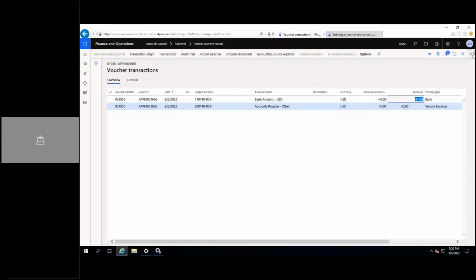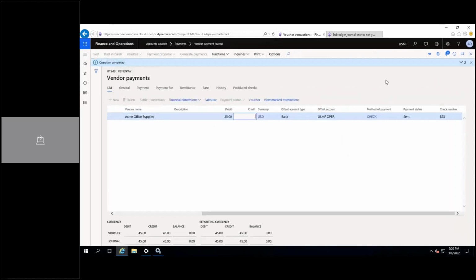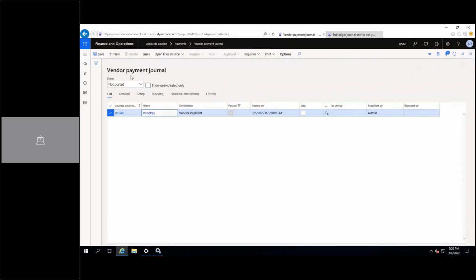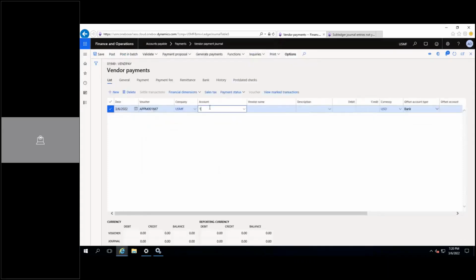Let me quickly do one more transaction. Now it will be faster. I'm clicking on new once again, new, and select the vendor payment. From the drop down, you can select the journal name, go to lines, select the vendor, and suppose now I'm entering $51, bank.